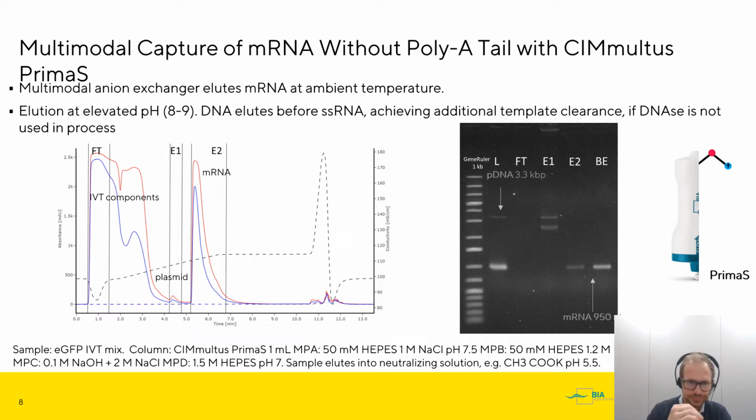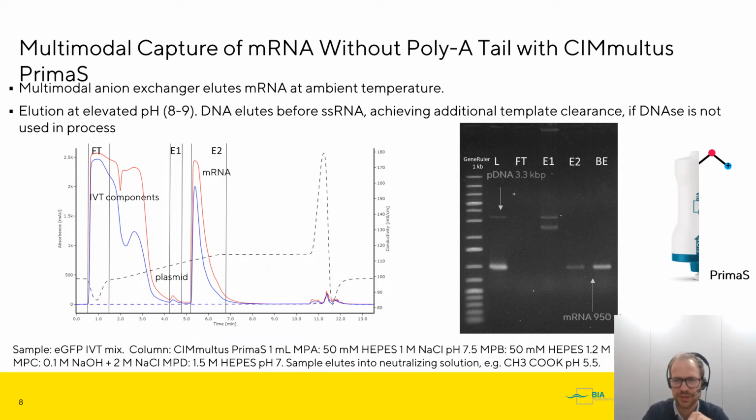In this case we achieve more separation in the gradient, and here we're looking at a pH gradient from pH 7.5 to pH 10, where most of the IVT components elute early. There's a degree of separation of proteinaceous species from nucleotides and capping reagent, followed by plasmid, which elutes as an individual peak, followed by elution of mRNA.